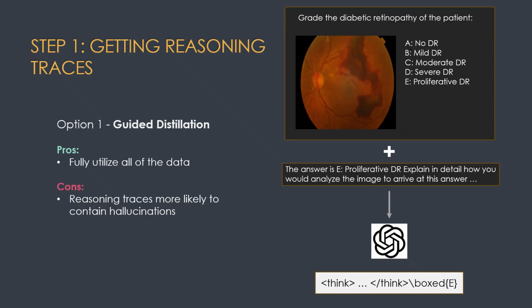Specifically, we feed a strong teacher model both the question and the correct answer, and we ask it to produce a justification for how you get from that question to the answer. So the good thing about this approach is you would use every single question and answer pair in your data set. The downside is that even with the correct answer, the teacher can potentially hallucinate some clinically incorrect reasoning to justify getting to the correct answer.